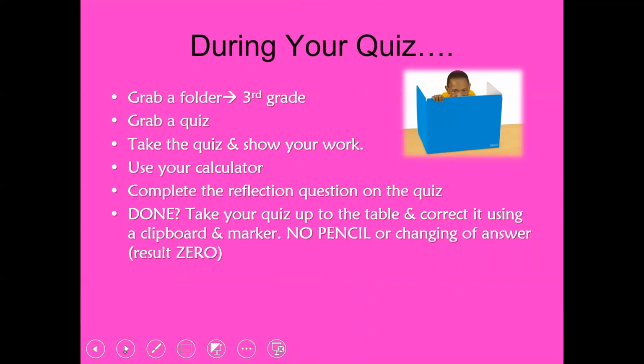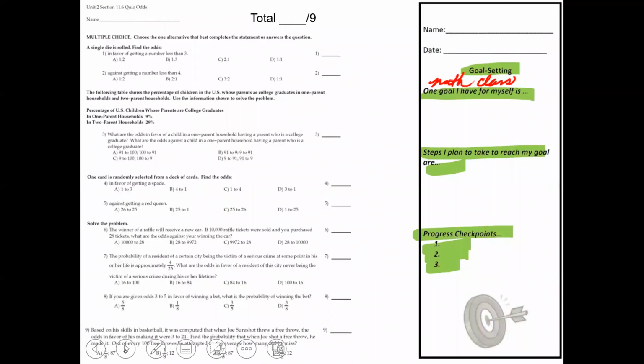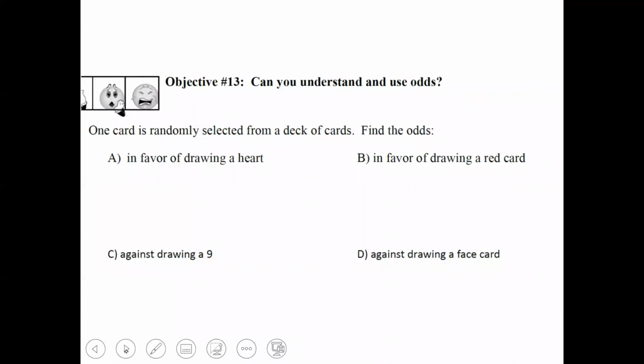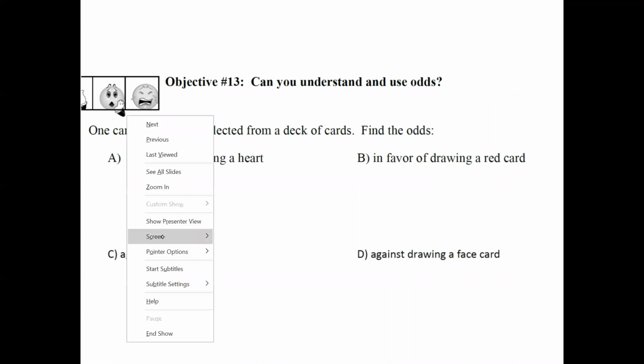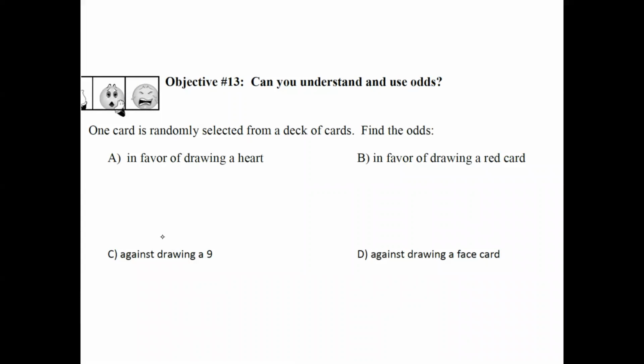All right, so I would suggest you guys go onto MS Team. Your quiz looks like this. It is 9 questions. If you want, you can pause the video and go ahead and answer it on a separate piece of paper. You don't need to write everything down. Just show me the work and tell me what the answer is, and then upload it on MS Team. If you're not sure where to find it on MS Team, I'll go ahead and show you. Once you get to MS Team, you're going to go to Probability and Stats.